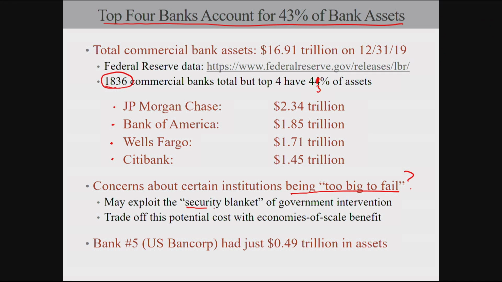And so that security blanket, we worry potentially about what effect it could have on their risk-taking. Maybe the banks will take greater risks than they should, knowing that the government will potentially bail them out. And basically this is a trade-off. Being big is potentially good because of economies of scale in banking.